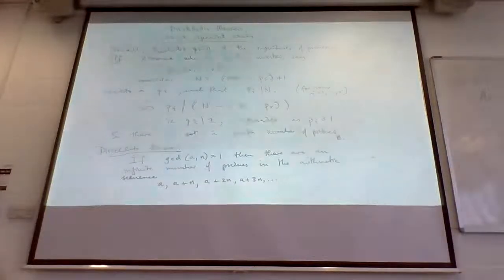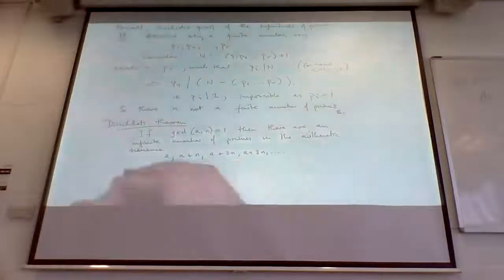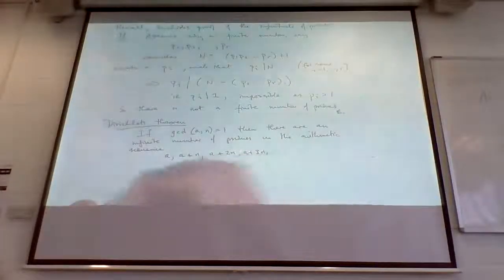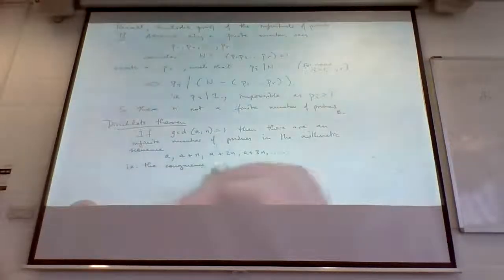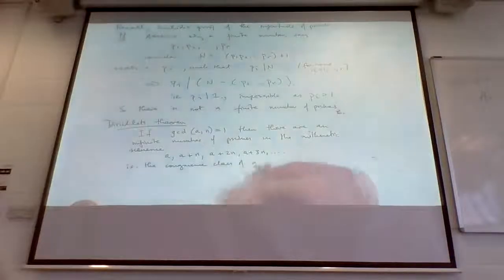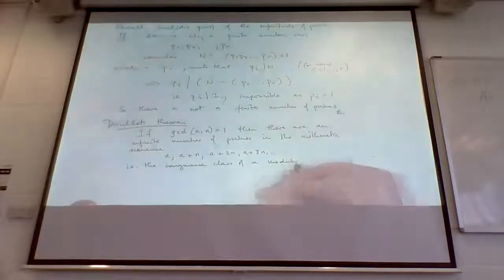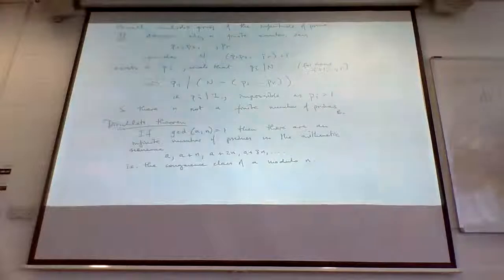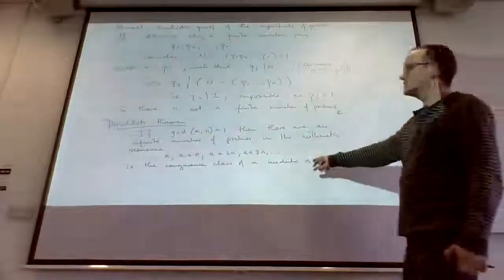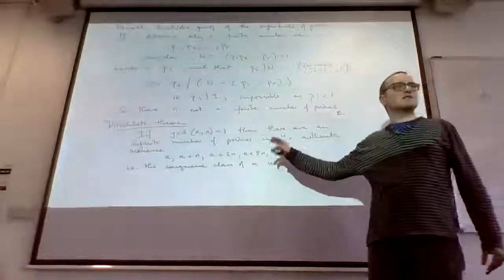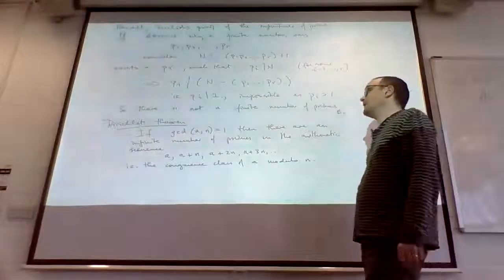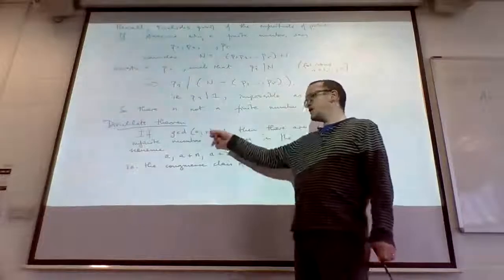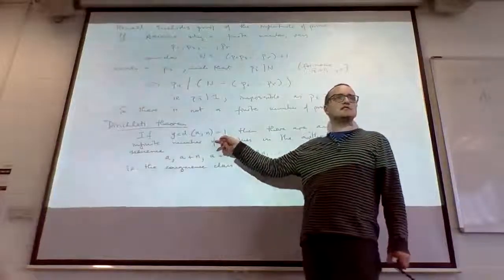This is an arithmetic sequence, which is more or less the congruence class of A modulo N. Or if A is positive, well, at least it's all the positive numbers in the congruence class of A modulo N. These are numbers that are all congruent to A mod N. Now, I hope once you think about it, you see the need for this GCD condition.